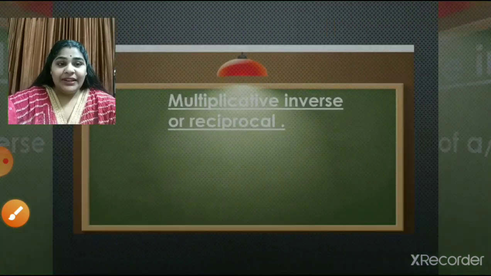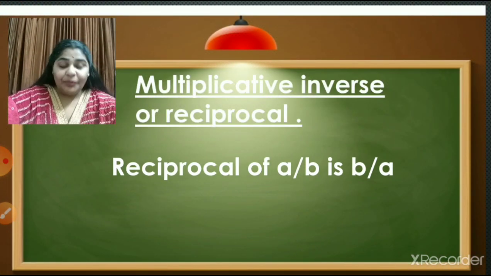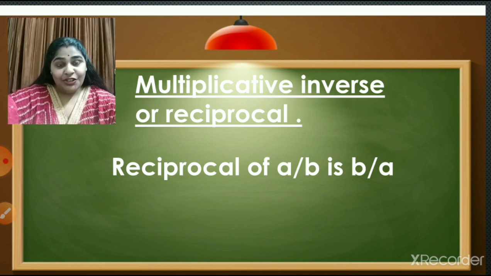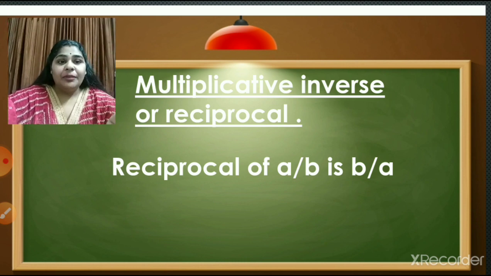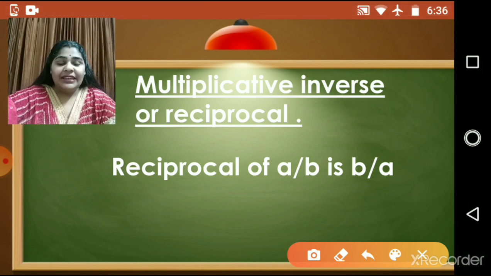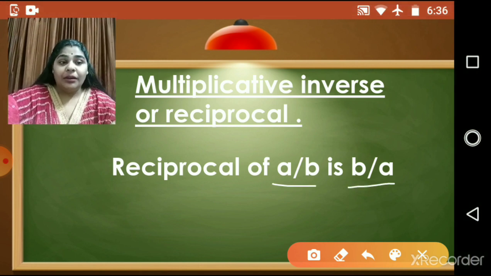Next one again, multiplicative inverse. It is also known as reciprocal. Reciprocal means you are going to interchange the numerator and denominator, along with the signs. So if you see a upon b, the reciprocal or multiplicative inverse will be b upon a.